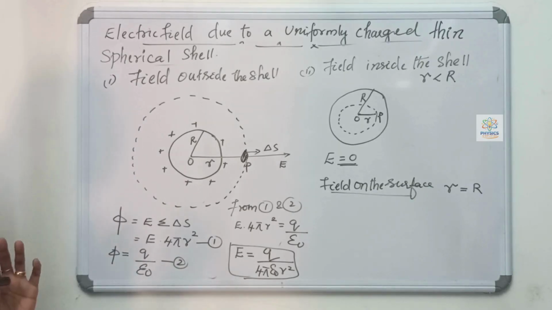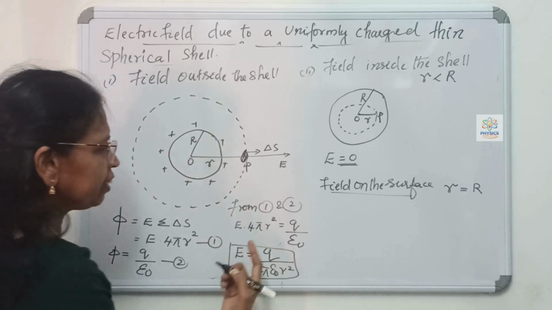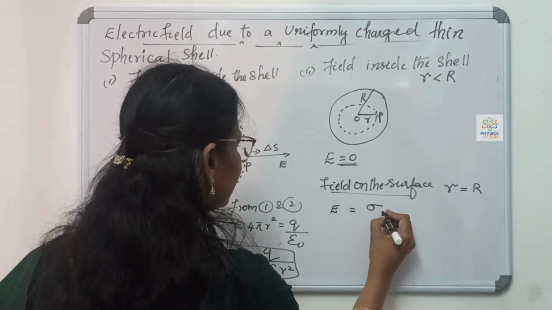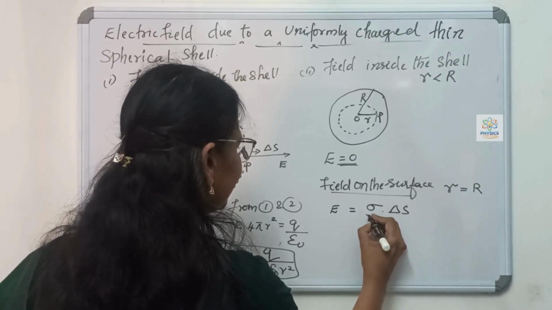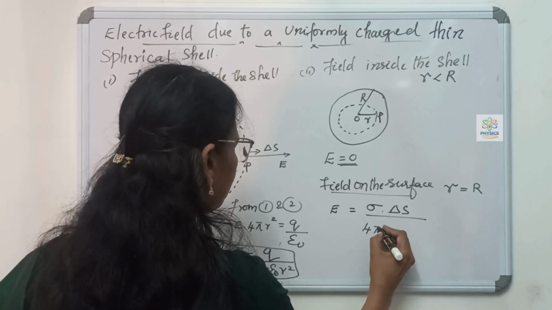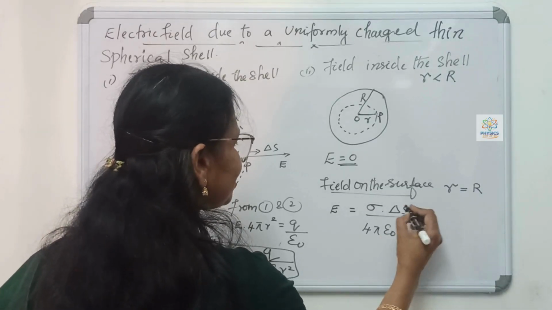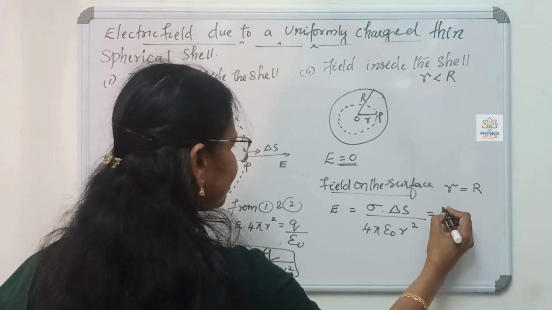On the surface of the shell, the charge distribution is the same as the surface charge distribution. Therefore, here we can write electric field E is equal to sigma into delta S by 4 pi epsilon 0 r square. Then you can substitute the value of delta S.